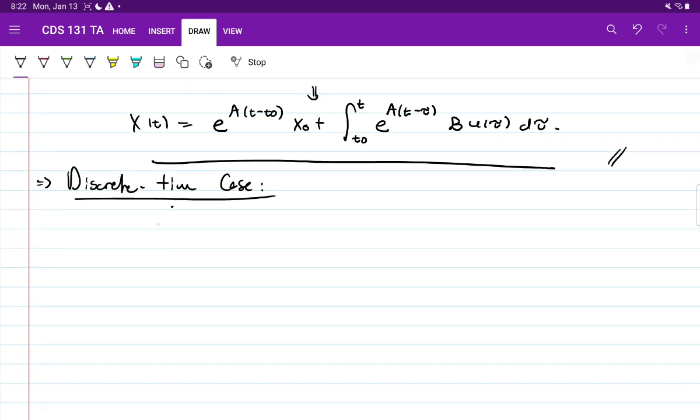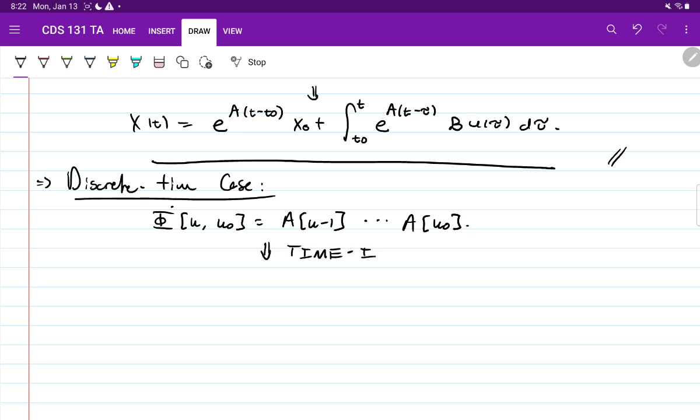So you might remember from earlier, just above, I said phi of k comma k naught for a general discrete time linear time varying system is going to be computed as A of k minus 1 all the way until A at time k naught. So in the time invariant case, all of these matrices A are identical.